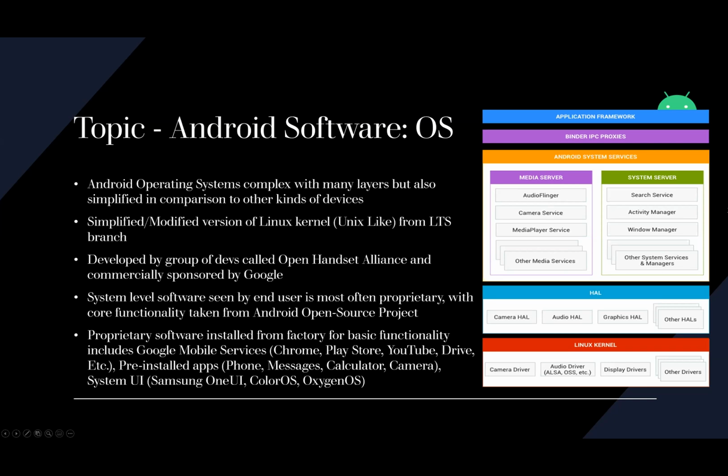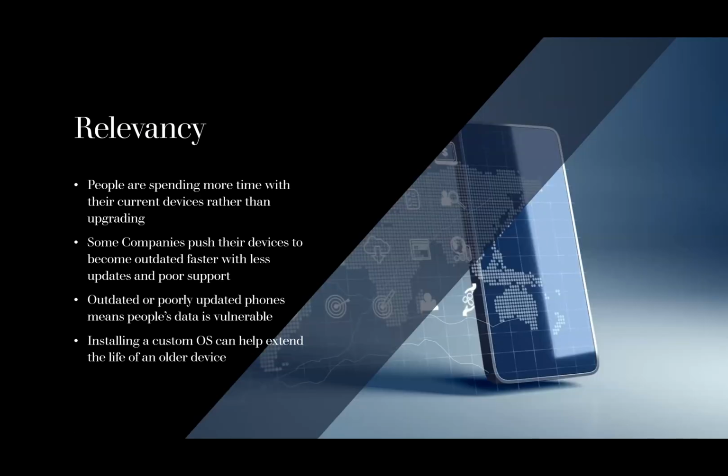So even though Android is kind of open source, each individual flavor that you see on a device isn't open source. The proprietary stuff, such as the Google Play Store, YouTube, Google Drive, pre-installed apps like your phone app that you make calls from, your messages app, your calculator, and even the system UI itself, like One UI and Oxygen OS from OnePlus, it's all proprietary.